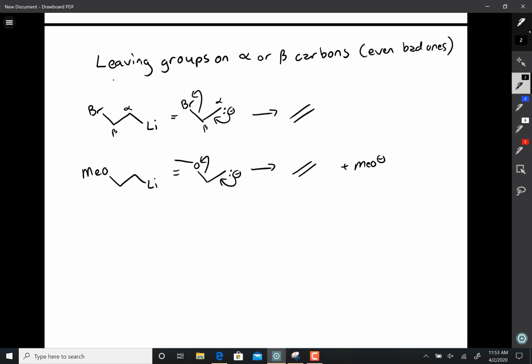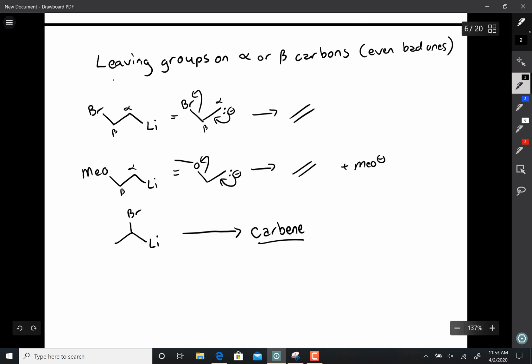So you don't want an oxygen or a halogen on the beta carbon. You really don't want one on the alpha carbon as well, because what this does is this becomes what's called a carbene.